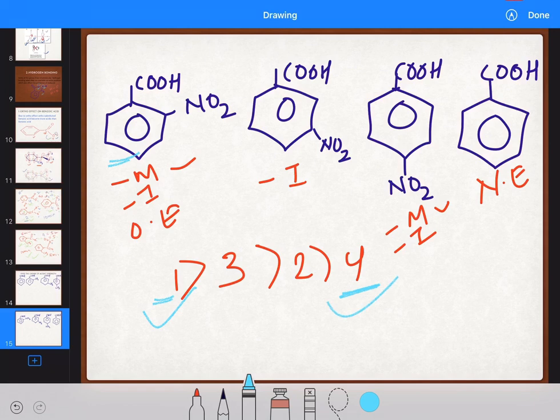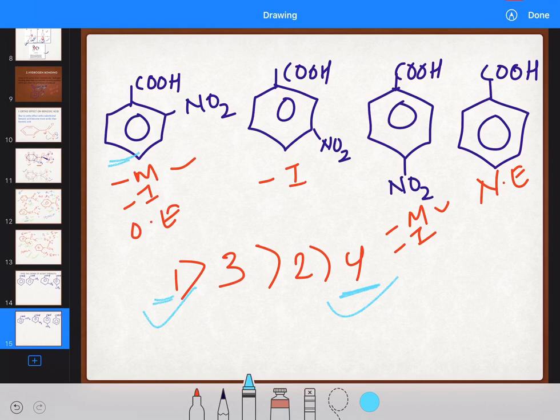Then we do not have to change anything, the order will remain the same, correct? When do we have to change? If the ortho is at a lower position, if after applying all the effects we get the ortho substituted benzoic acid as less acidic, then what will we do?